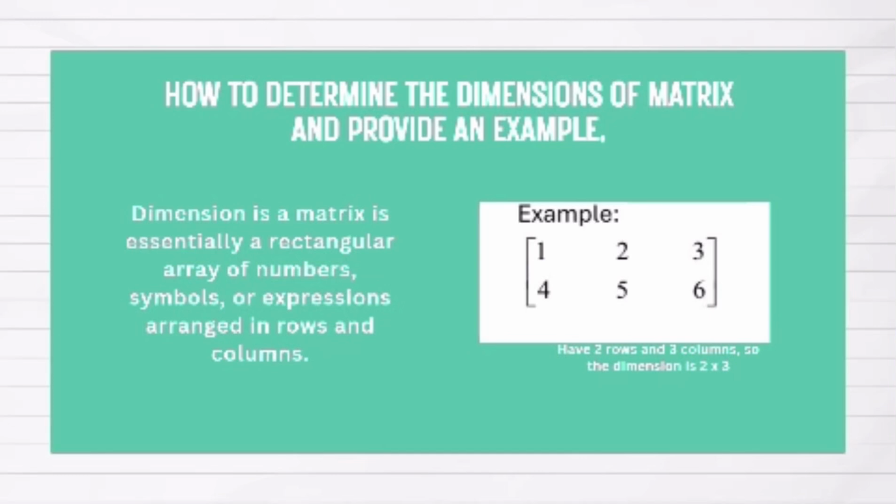For example, in the matrix A equal to 12, 14, 16, 13, 15 and 17, we can see that there are 2 rows and 3 columns. So the dimension of matrix A is 2 multiply 3.